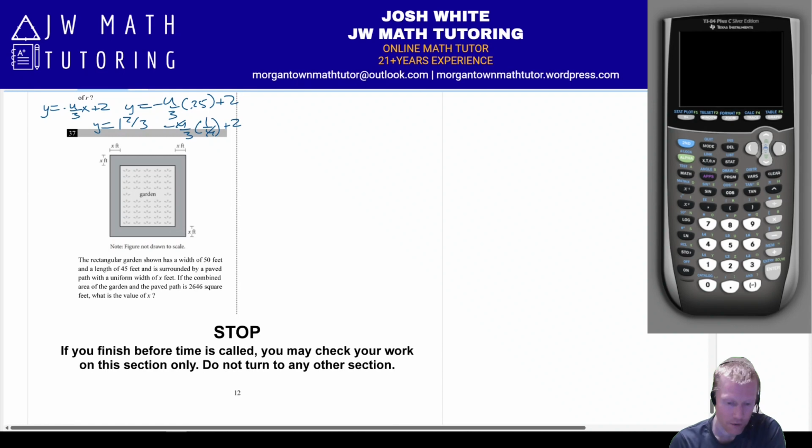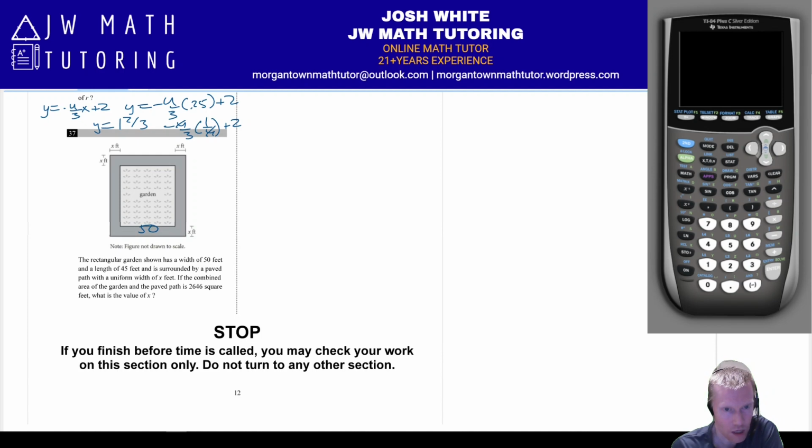Okay, now for 37, here we have one of the most difficult problems on the entire test. So basically what's happening here is we have the garden, and we know the garden is 50 feet wide and 45 feet long.